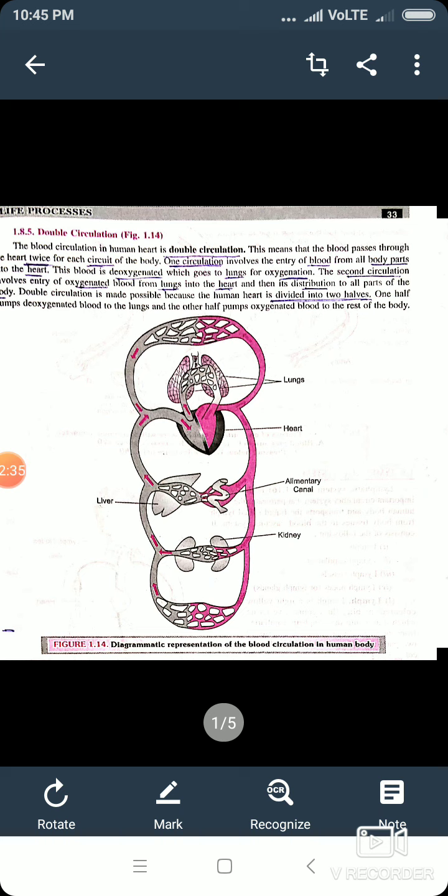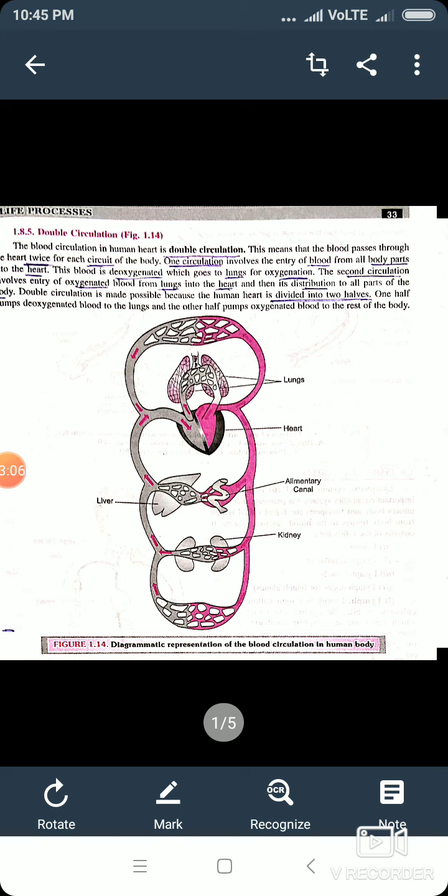From the right ventricle, through the semilunar valve, the deoxygenated blood goes into the pulmonary arteries, which take this deoxygenated blood to the right and the left lungs for oxygenation by the process of diffusion between carbon dioxide and oxygen.